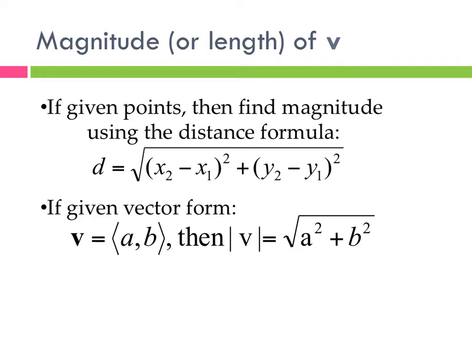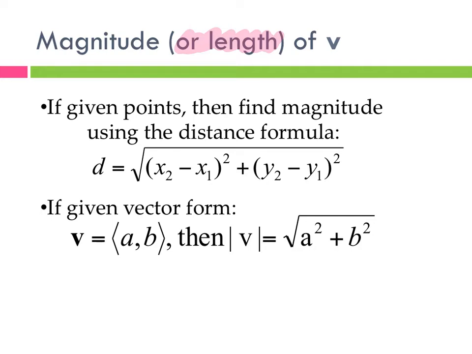Okay, so then this says the magnitude, and we find the magnitude by two different ways. One, doing the distance formula with our initial point and our terminal point, so that magnitude is the same thing as the length of a vector. You can either do x1 minus x2 squared plus y2 minus y1 squared if you have the initial and the terminal.